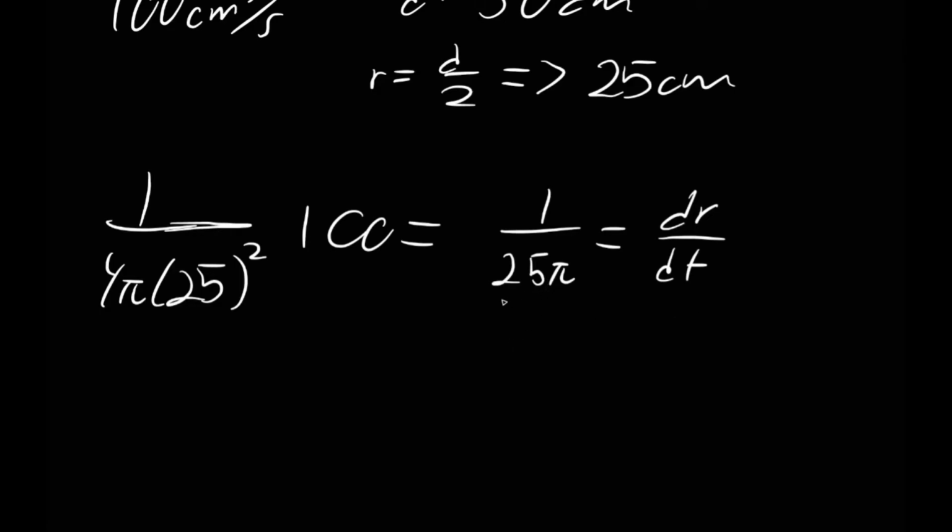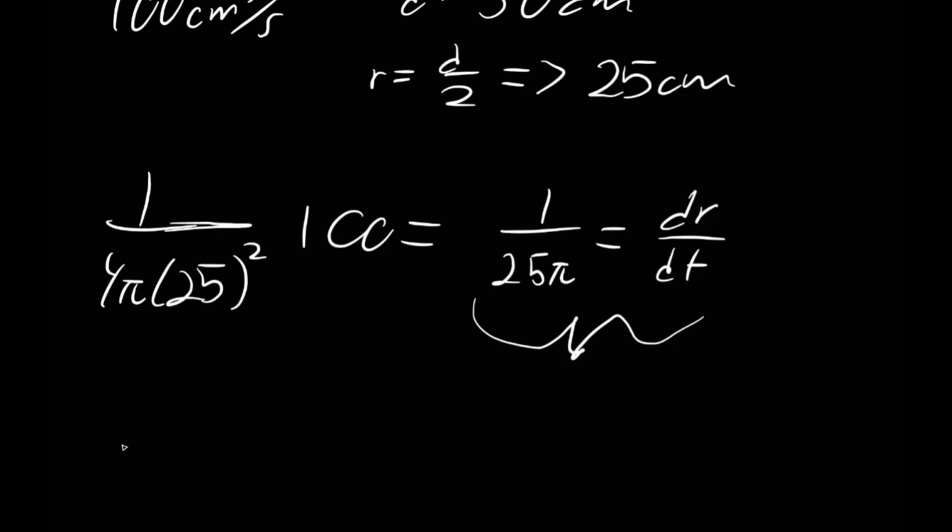And now really, this is a very exact final answer to this right here. And if you wanted to get a sort of approximation, you're like, all right, that's all well and good, but what is 1 over 25 pi actually relating to with actual unit measurements?